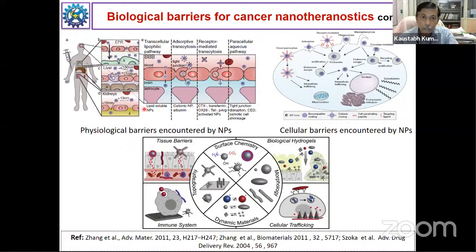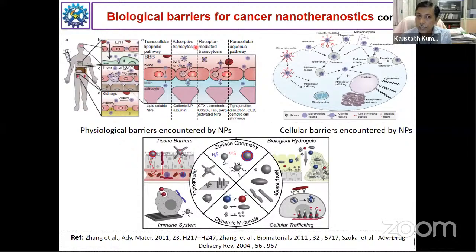As I said, these are the physical barriers encountered by nanocarriers or nanoparticles, like the blood-brain barrier, which needs the transcellular lipophilic pathway, where we ferry the nanoparticles along that pathway.